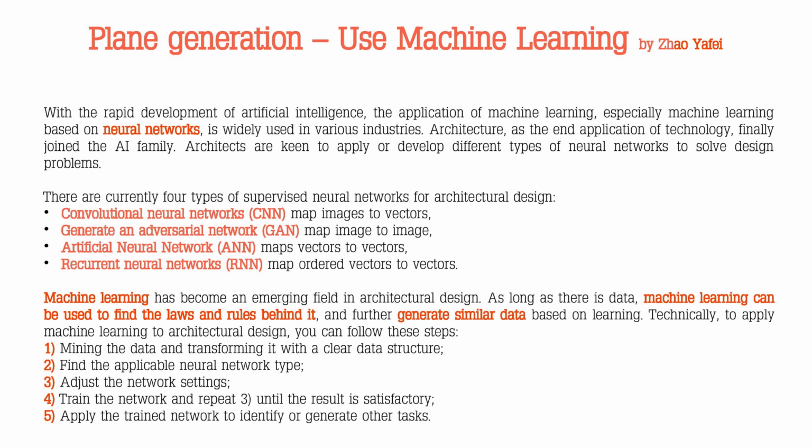So the 4 types are convolutional neural network, called CNN, map image to vectors; generative adversarial network, GAN, map image to image; artificial neural network, ANN, map vector to vector; recurrent neural networks, RNN, map ordered vectors to vectors.